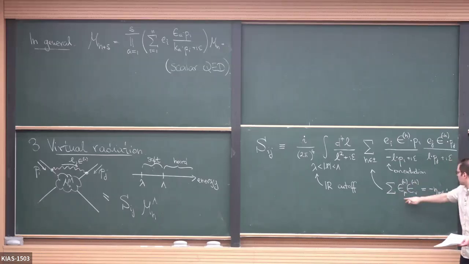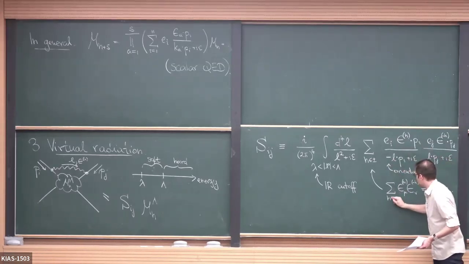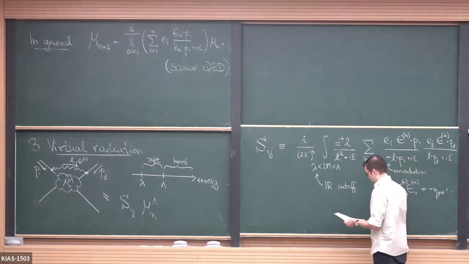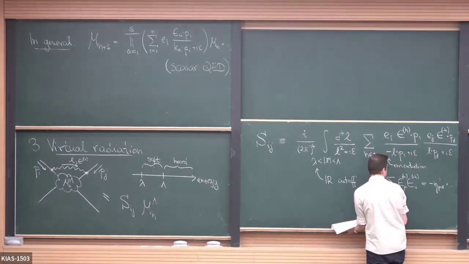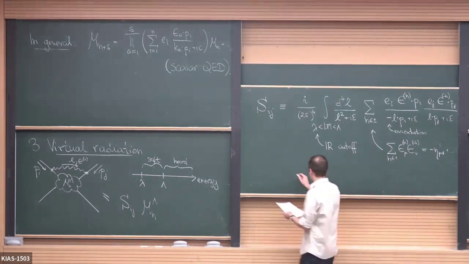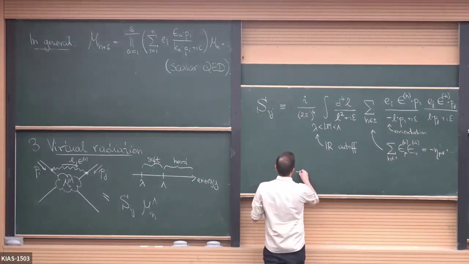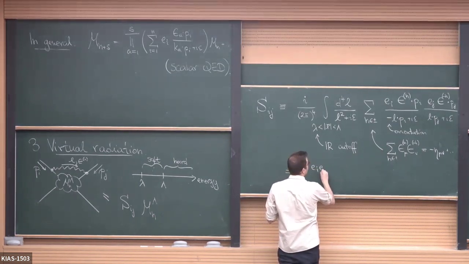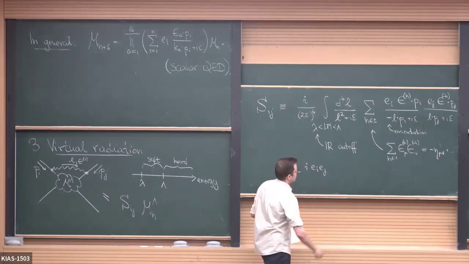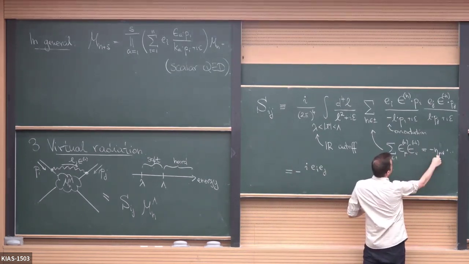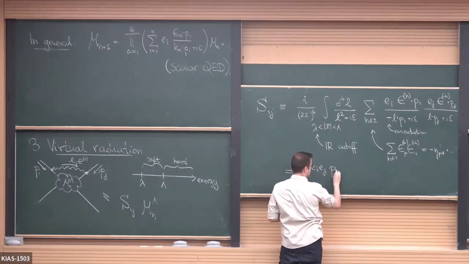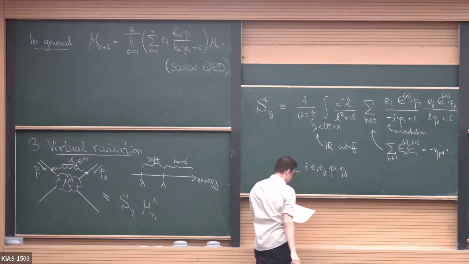So what this means is that I can essentially use this sum as a glue that is going to combine these factors and these factors, and then simplify this expression. So let me try to do it here. There's going to be minus i, then the charges e_i and e_j. Then the minus signs decouple, and then this is going to contract p_i and p_j, which is a constant from the perspective of the integration.